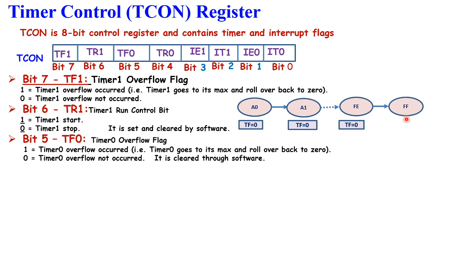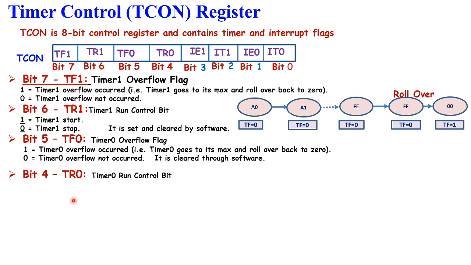At that time also this overflow flag is 0. And when rollover occurs, that means FF to 00, then this overflow flag becomes 1, set. So this is named the overflow rollover condition, and this is done for TF1 and TF0.